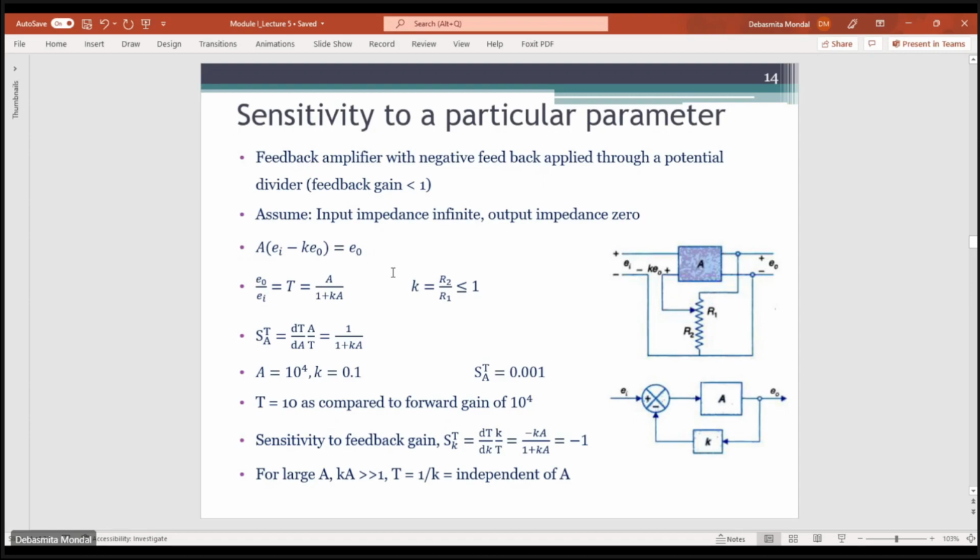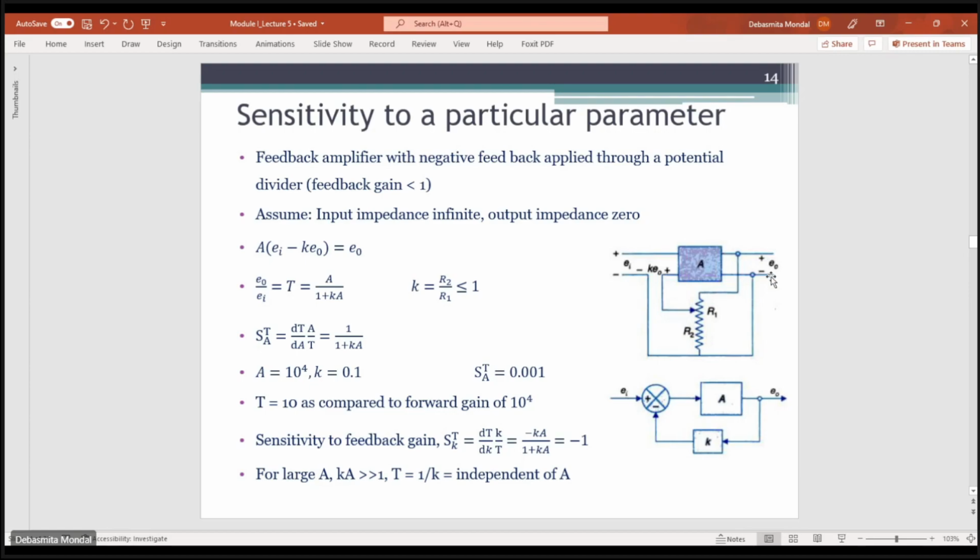Now, for example, let's say we have a feedback amplifier with negative feedback applied. In this figure, you have a system whose transfer function is A, and there is a potential divider present.